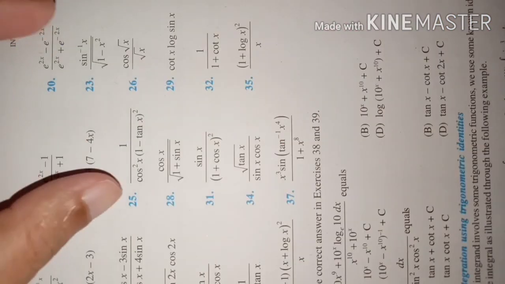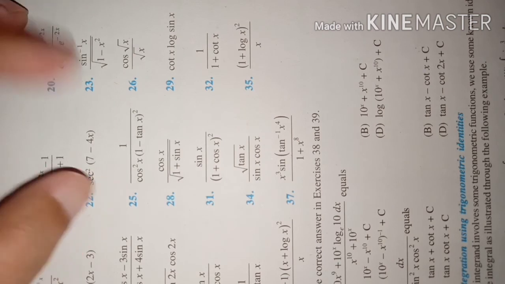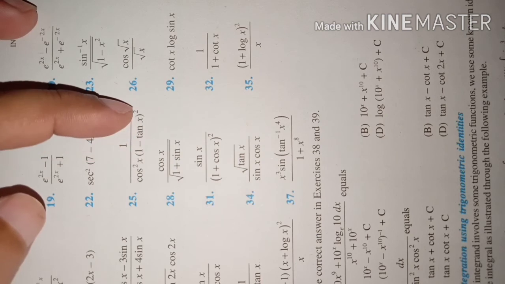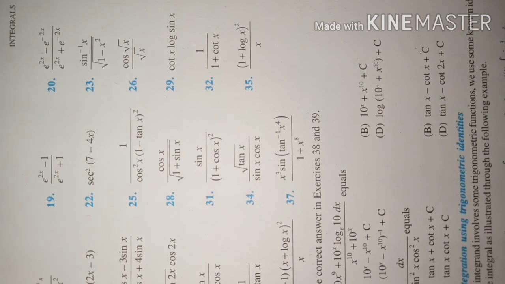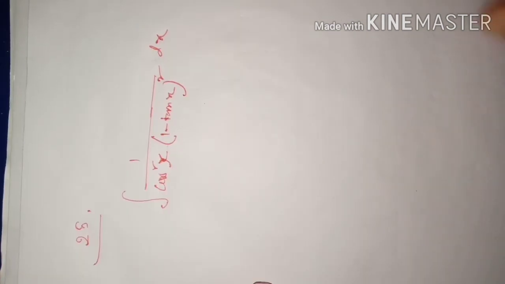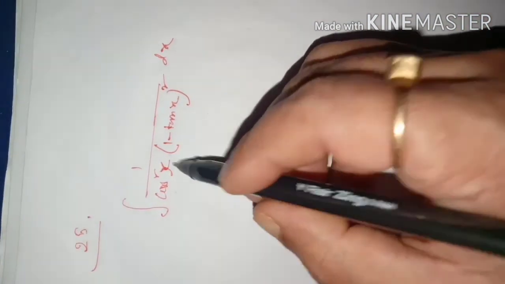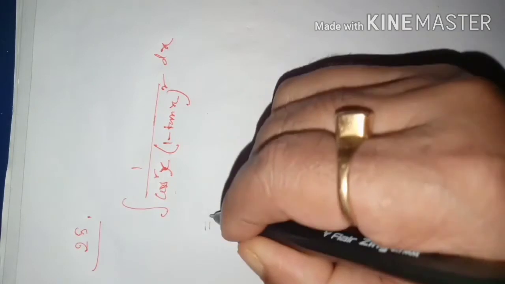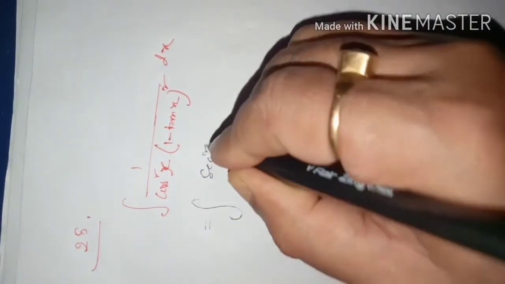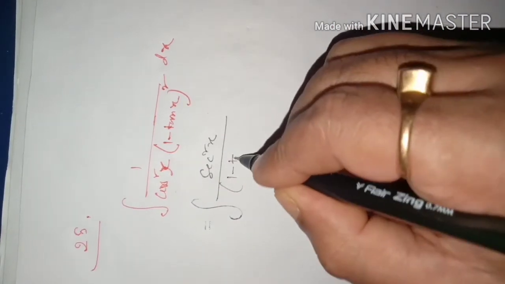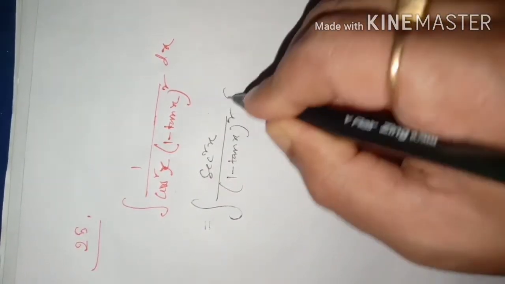Question number 25 is, dear students, 1 by cos square x into 1 minus tan x the whole square. Here you see, dear students, this 1 by cos square x is equal to sec square x, so integration of sec square x, down there 1 minus tan x the whole square dx.